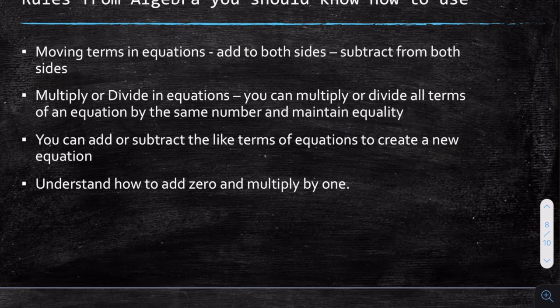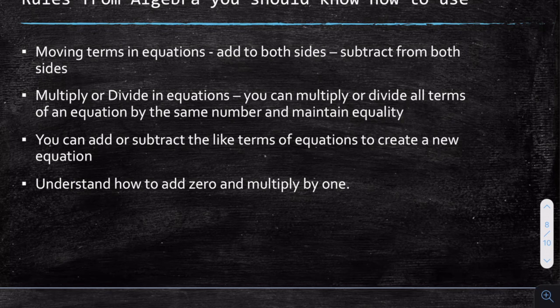So I wanted to remind you, and you can grab a copy of this set of notes to have this, but these are rules of algebra that I've been using, and they are always valid. You can move terms in equations by adding to both sides any expression, or you could subtract from both sides any expression, and that will not upset equals in an equation if you do it properly.